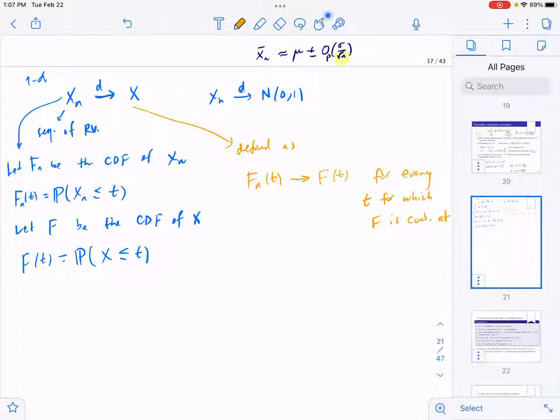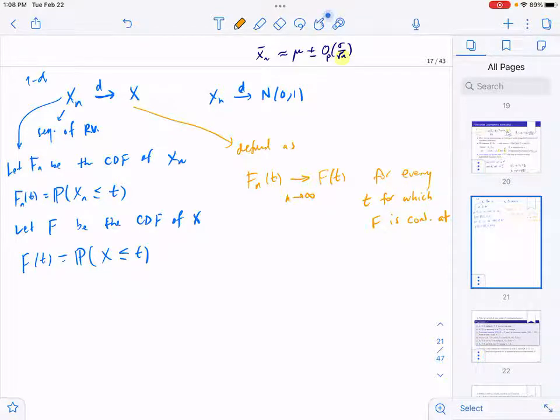So at every point of continuity of the limit, I should have the convergence as n goes to infinity. So it's about the pointwise convergence of the CDF, basically, at points of continuity of the limit.